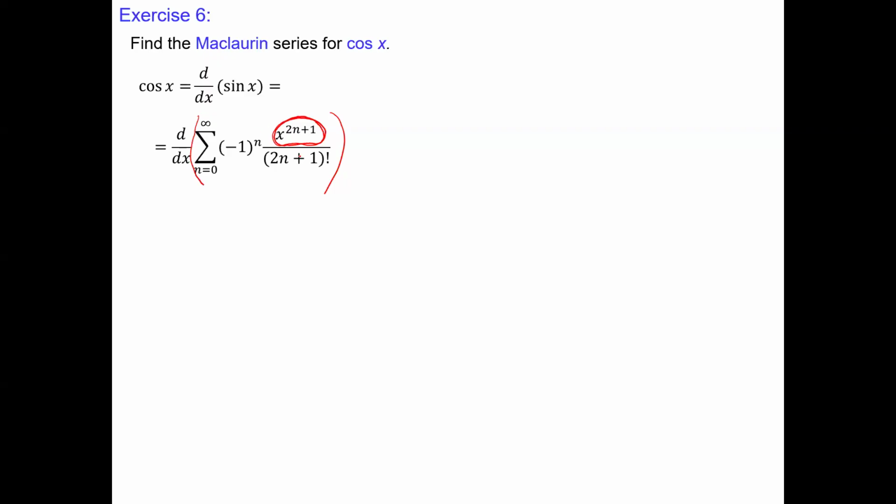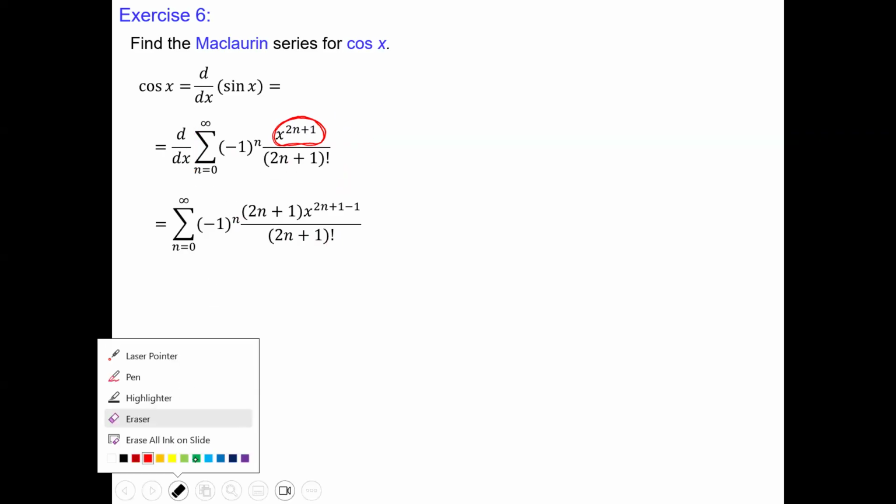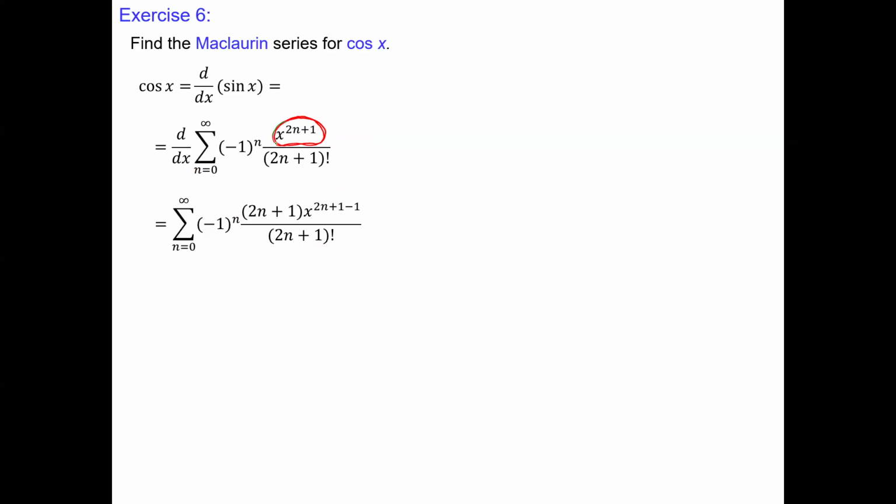The rest of them are constants. We may basically copy the constants. As we can see, I copy negative 1 to the n, I copy 2n plus 1 factorial, and I just differentiate the variable part, x. That means this is the derivative.